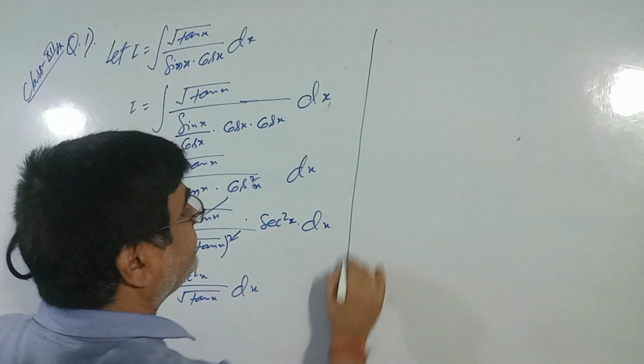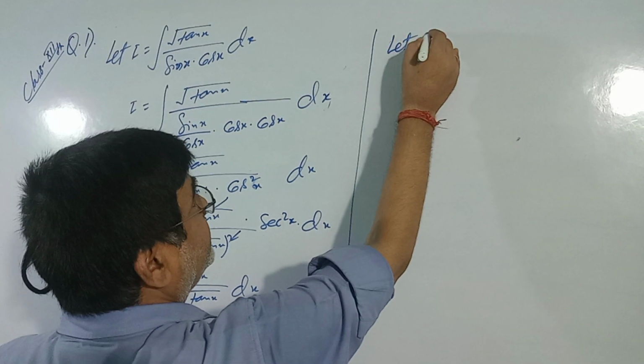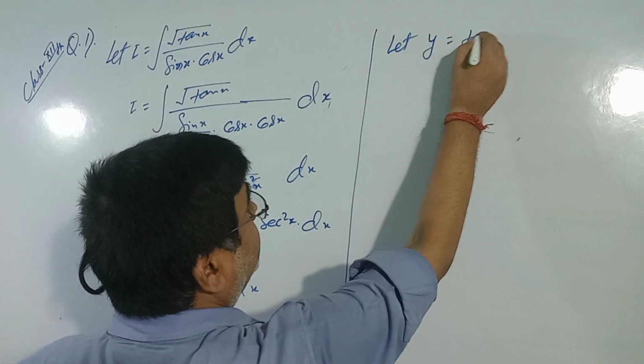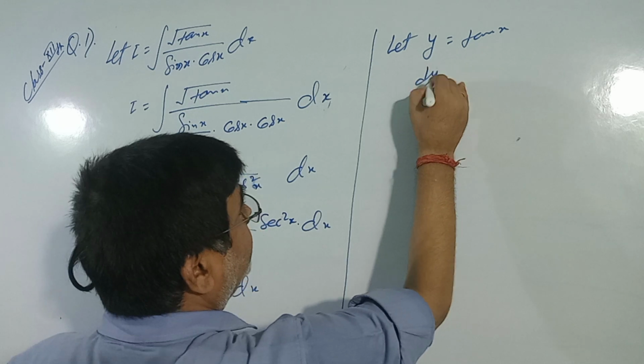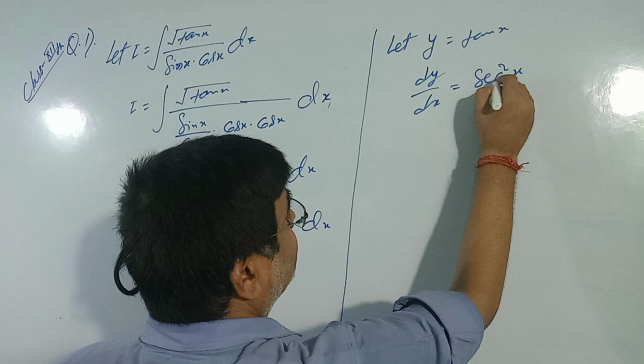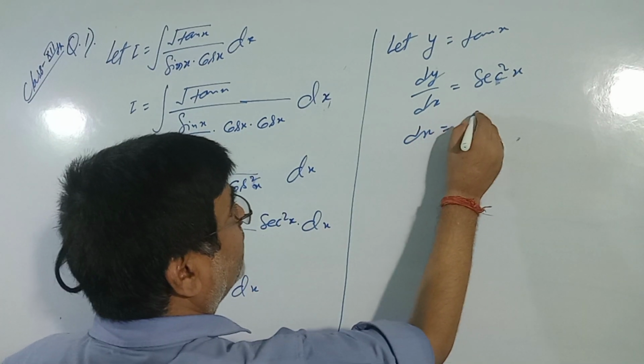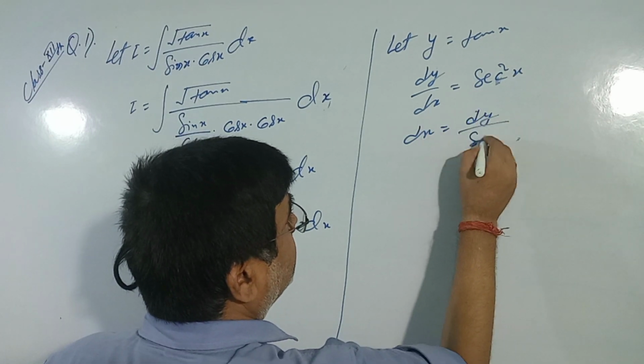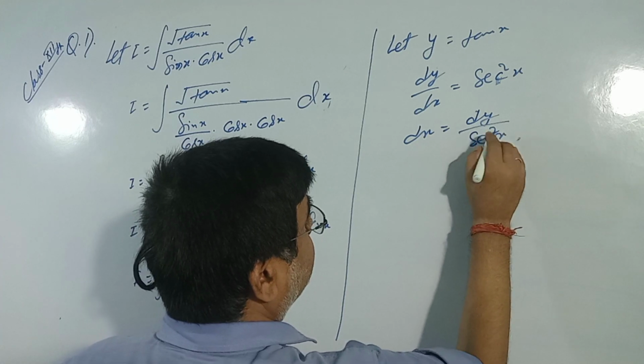Let y equal tan x. So dy by dx, tan x's derivative is sec square x. So dx equals dy by sec square x. Right?